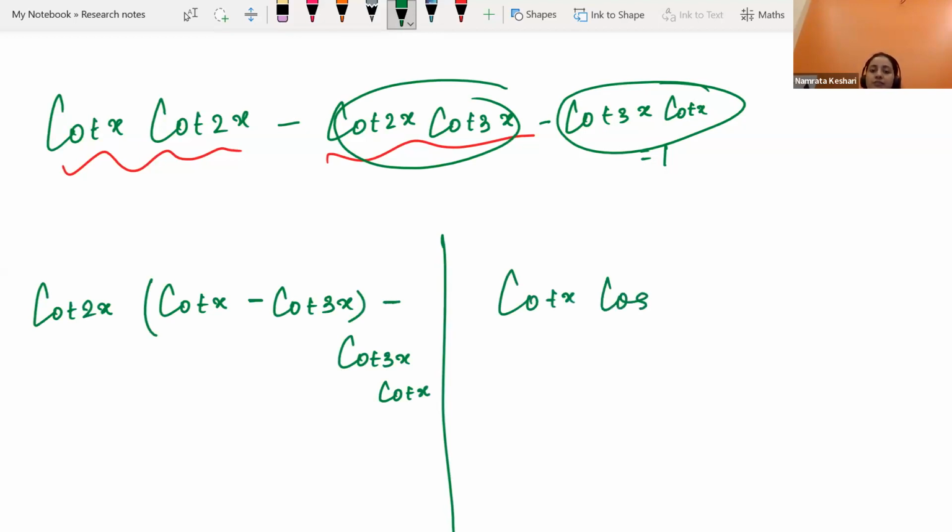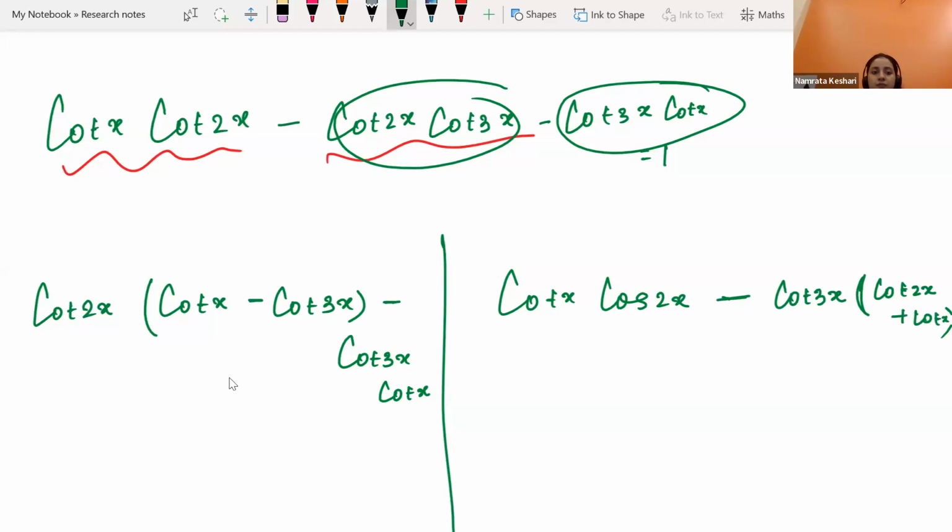Let's leave it as it is because with the other two terms also there is a common, which is cot 3x. Okay, and the remaining is cot 2x plus cot x, right? This much we realize, yes or no?